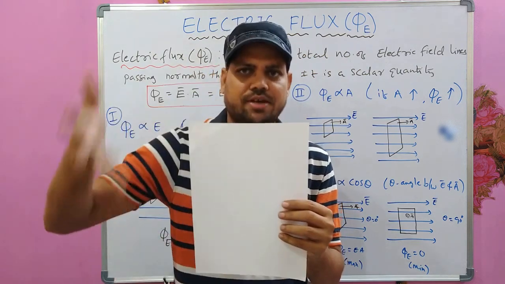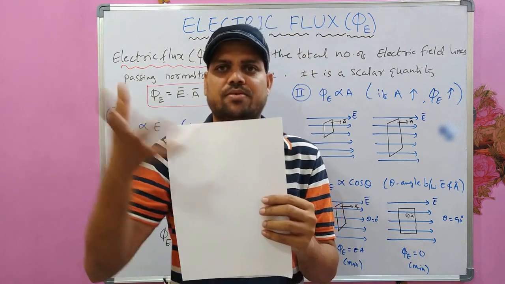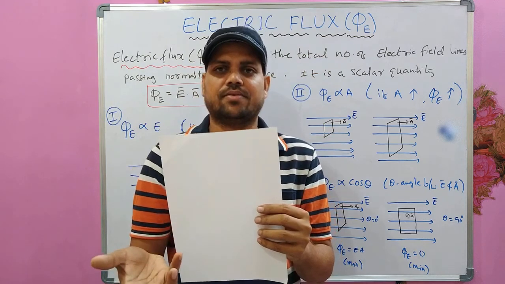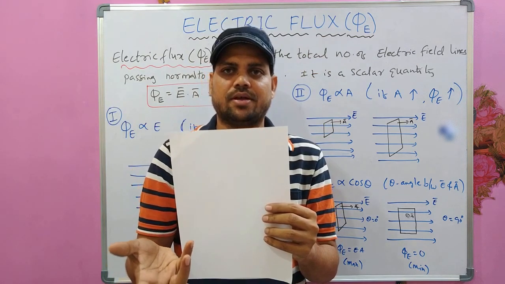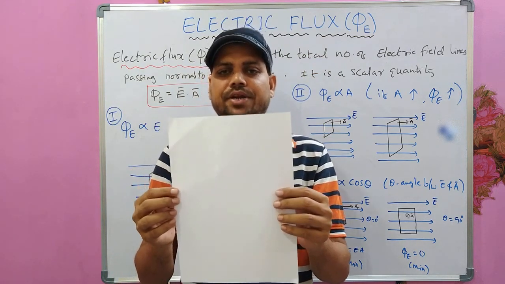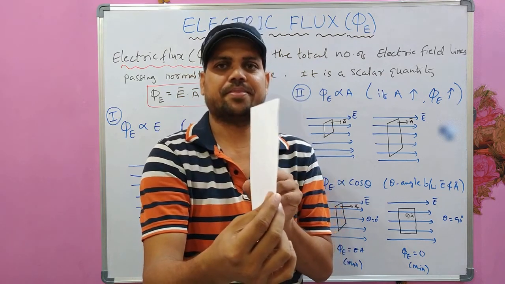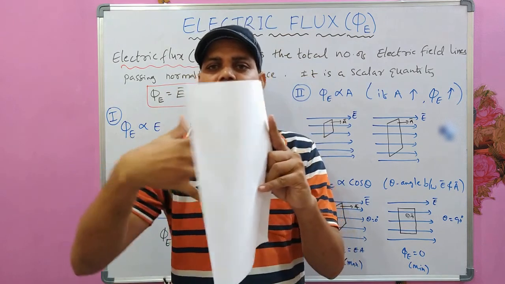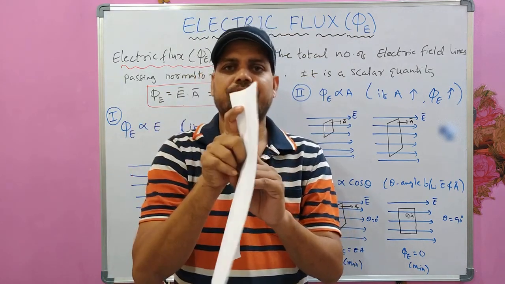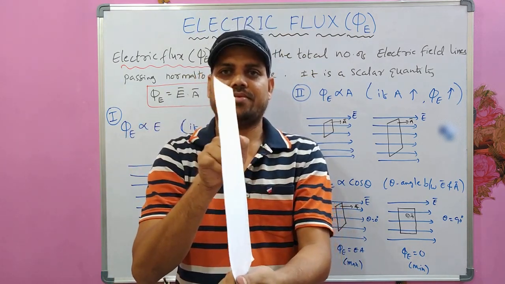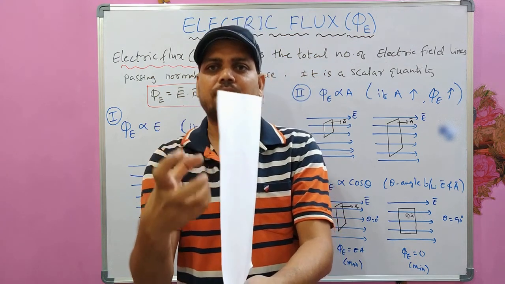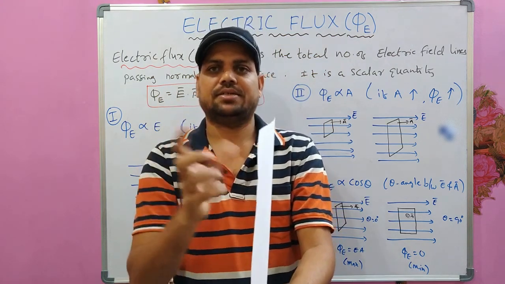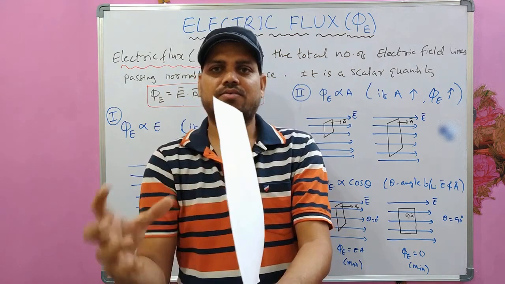Airflow or water flow, whatever, some kind of flow which has some velocity, right? So now if my window is in this way, then the airflow through this window is very high, so the amount of flux is increased.